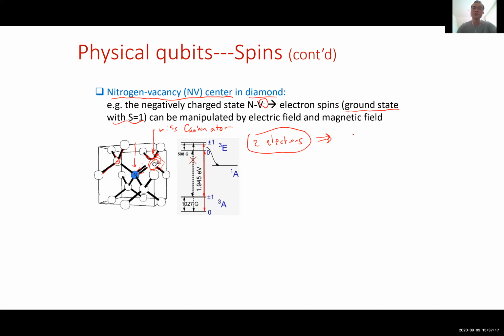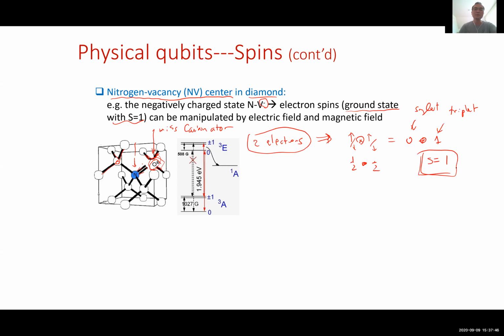So 2 electrons would have 1 spin up and down, 1 spin up and down. If you are familiar with the angular momentum, you would add these angular momenta into the singlet subspace and the so-called triplet subspace, where you have the total spin angular momentum being 1.